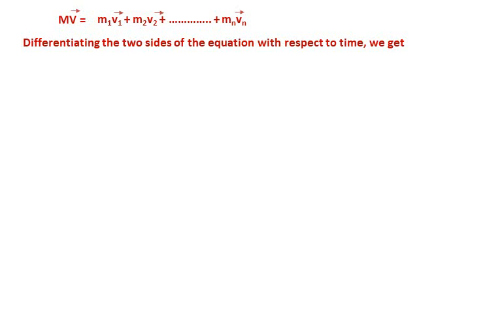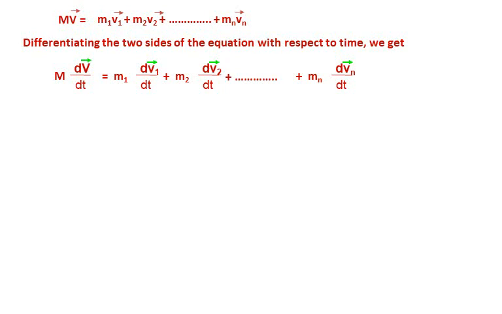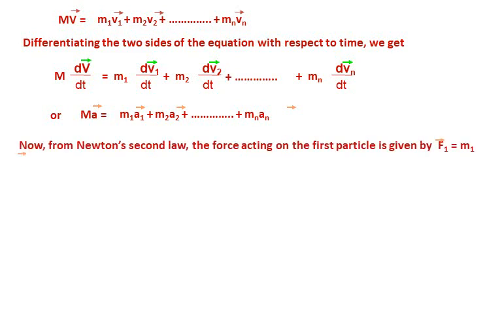Again, differentiate the two sides of the equation with respect to time. You will get dv by dt, and because the mass is constant, you can take it out. And you know that dv by dt is the acceleration. So M into A for the whole body, or for the center of mass, will be equal to the summation of the product of mass and acceleration of individual particles.